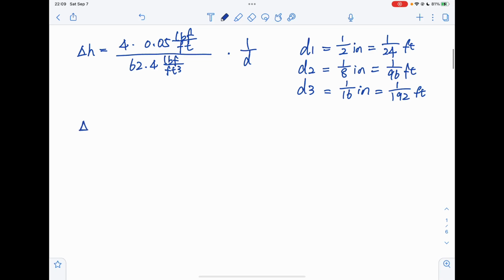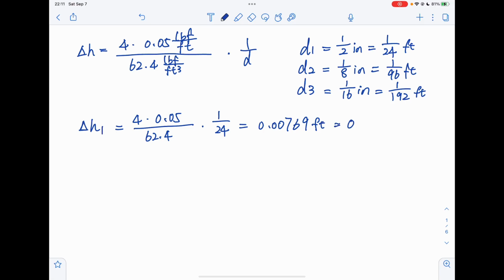Okay, so our delta H1 will equal 4 times 0.05 over 62.4 times 1/24, which gives us 0.00769 feet, which is 0.0923 inch.